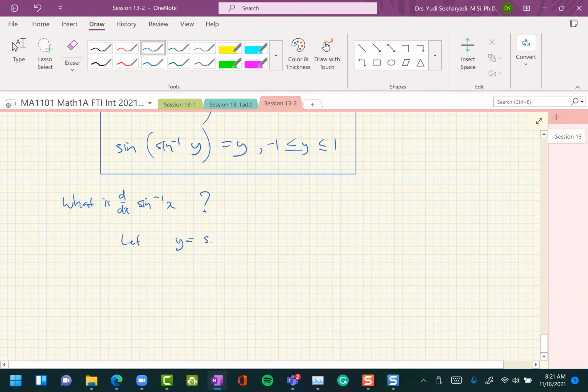Apply sine to both sides, of course with x between negative pi over 2 and pi over 2. So it's sine of sine inverse x. Because of the inverse identity, sine and sine inverse cancel.